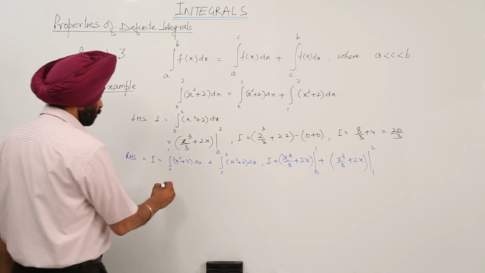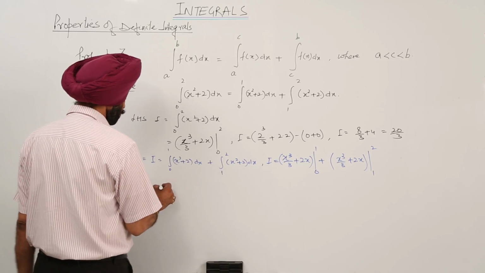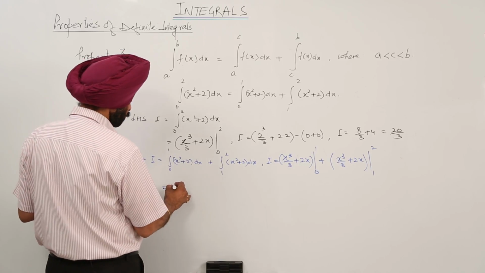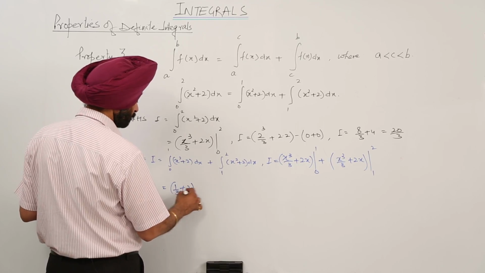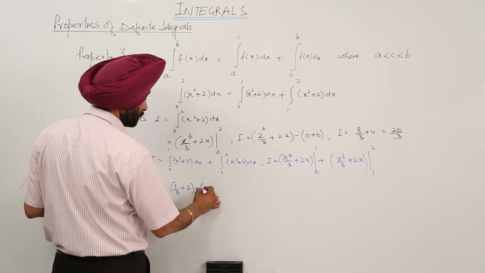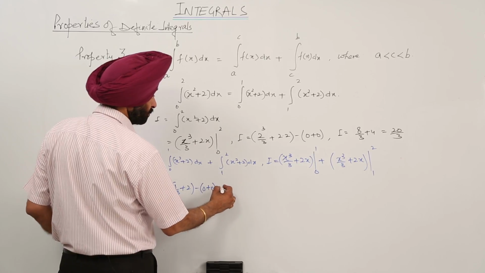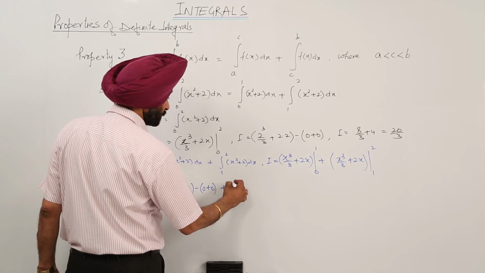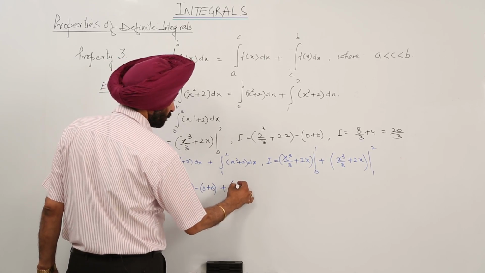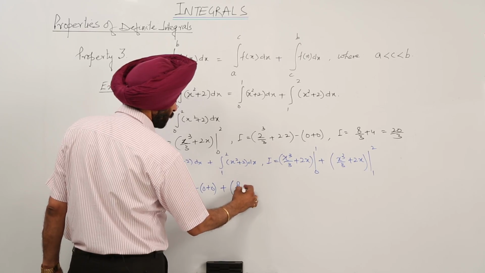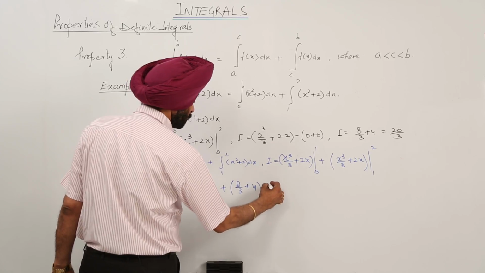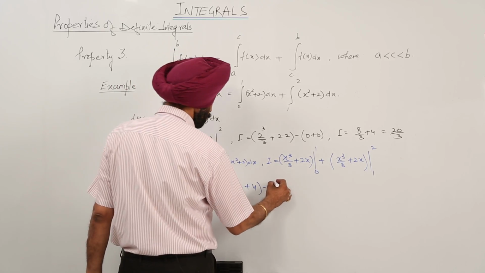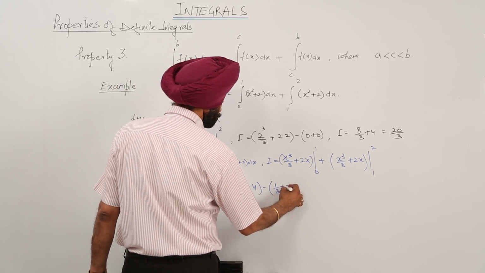Okay. Now let's check it. We are having now 1 upon 3 plus 2 minus 0 plus 0, plus 8 upon 3 plus 4 minus 1 upon 3 plus 2.